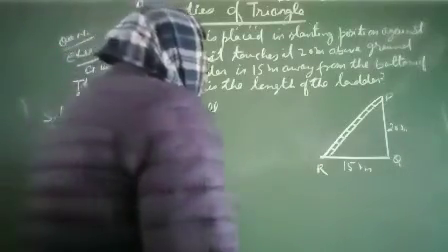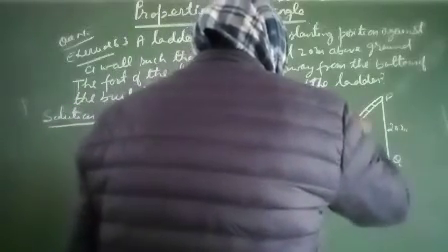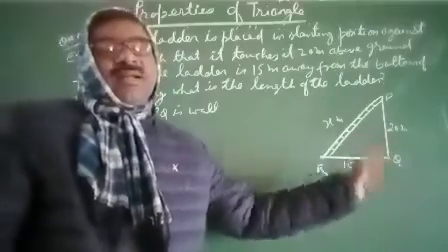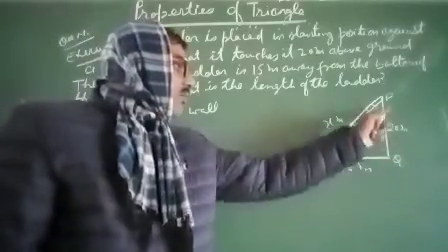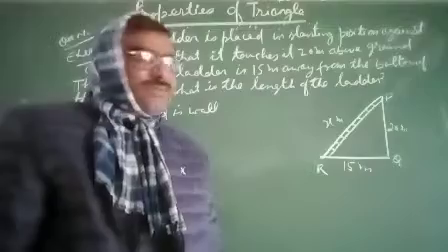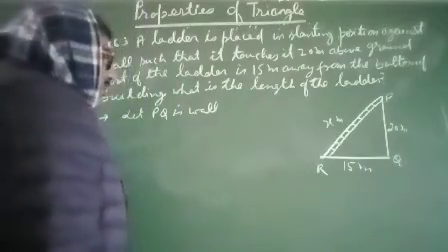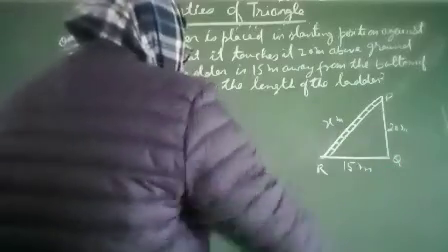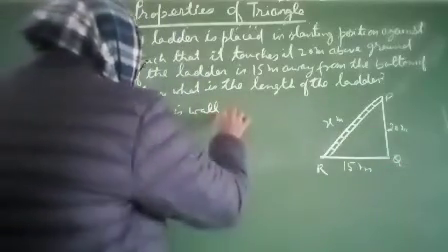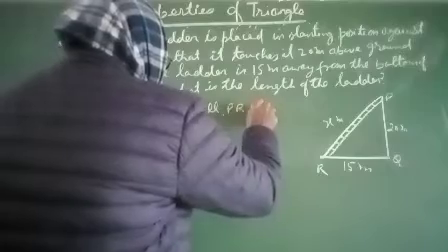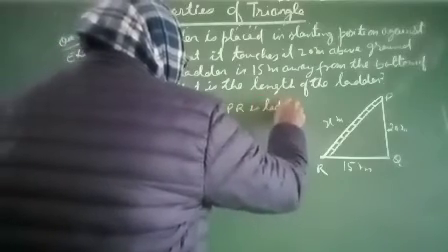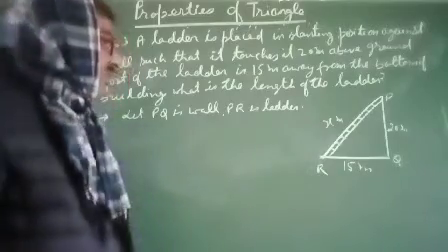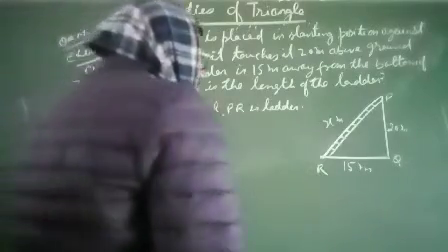So let us suppose that x meter is the length of the ladder. First of all, let us consider PQ is the wall and PR is the ladder.